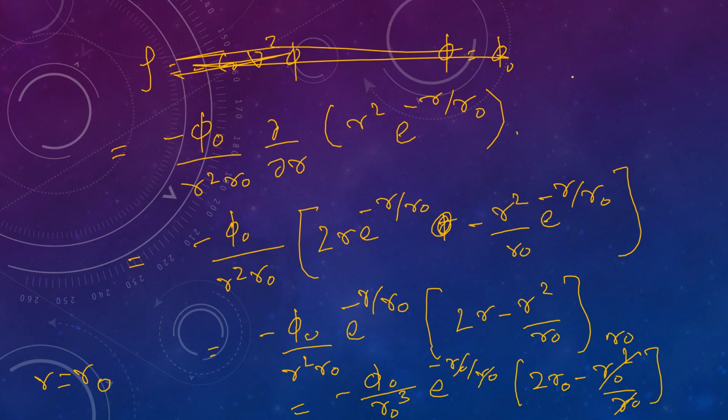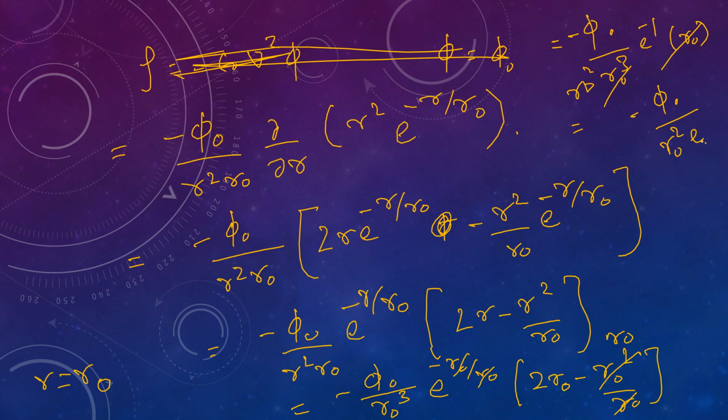So what am I getting? Minus phi naught by r naught square e to the power minus 1, that is, minus phi naught by r naught square e.